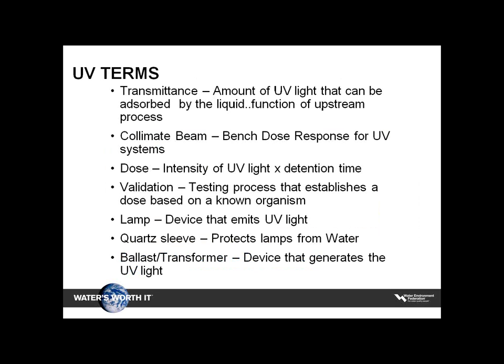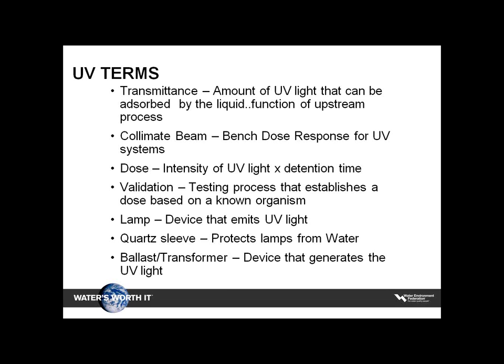When we talk about the basic level of disinfection and application of UV, we have a lot of different terms that get put out to different people at different times. The first term I want to review is transmittance. That is a water quality measurement that we can take with a spectrophotometer, but it's the amount of UV light that can be absorbed by the liquid.